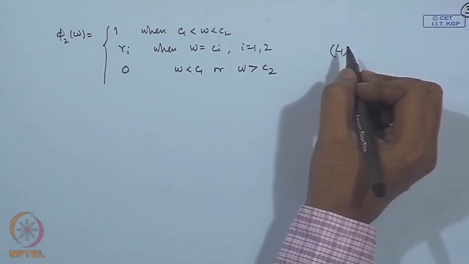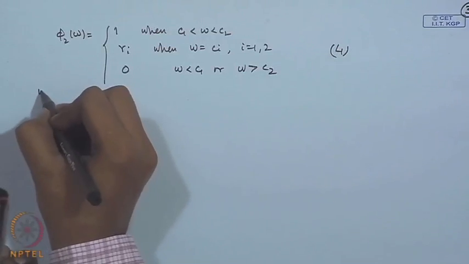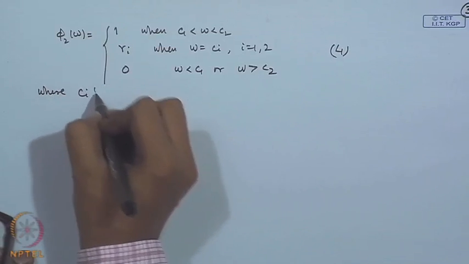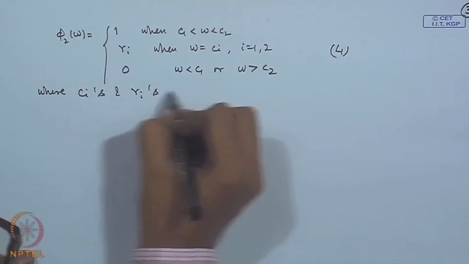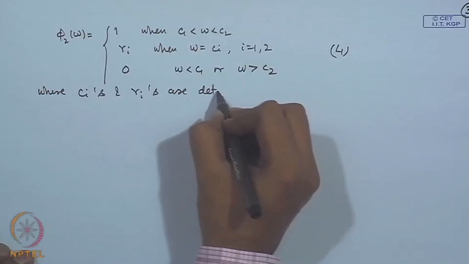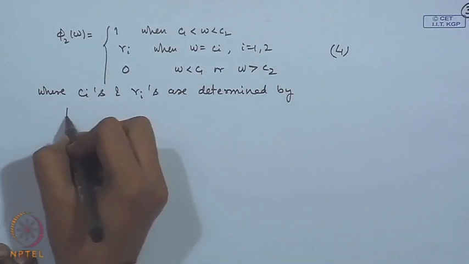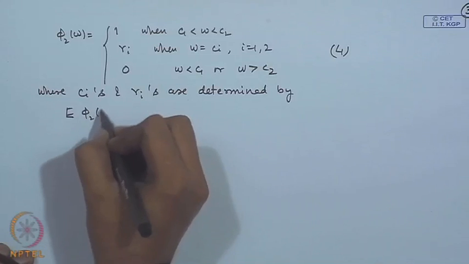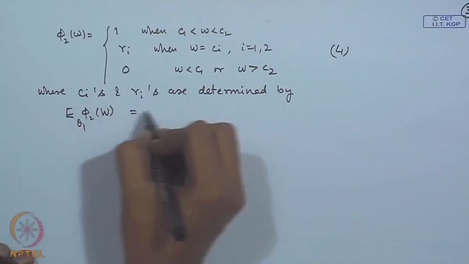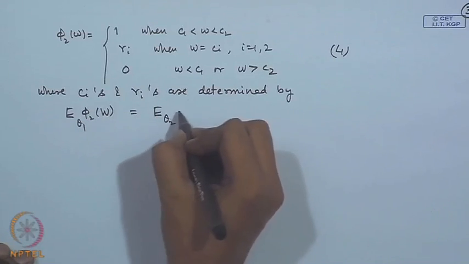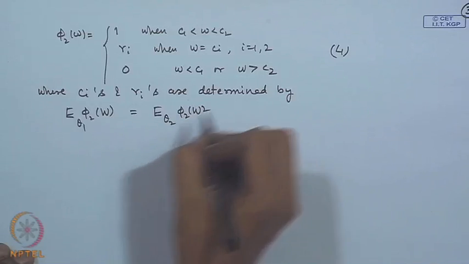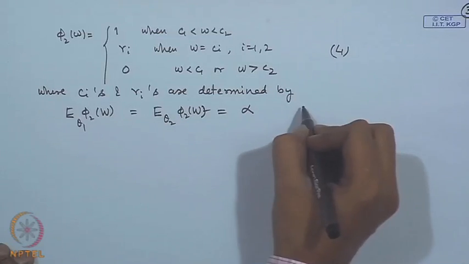And c i's and gamma i's are determined by expectation of phi 2 w at theta 1 and expectation at theta 2 of phi 2 w is equal to alpha.